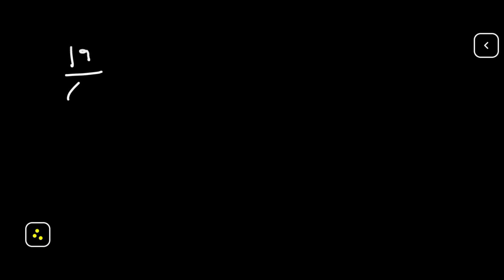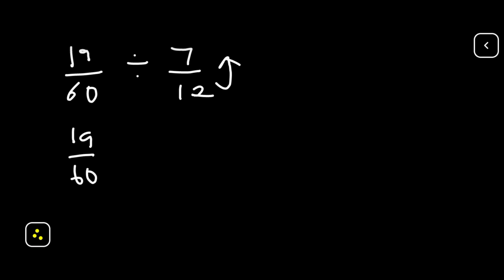19 over 60 divided, so we've changed that over to division now, by 7 over 12. At this point we have a division sign, we have to change it to a multiplication sign. So we have 19 over 60, and to change this, the second fraction will be inverted. So we have times 12 over 7.